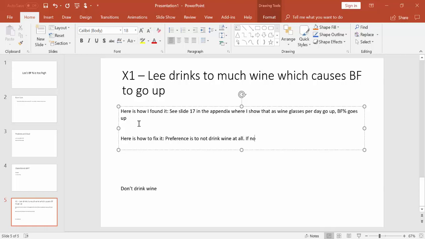Okay, if not possible, limit to 2 glasses, as we found in the study that we tended not to eat high sugar.